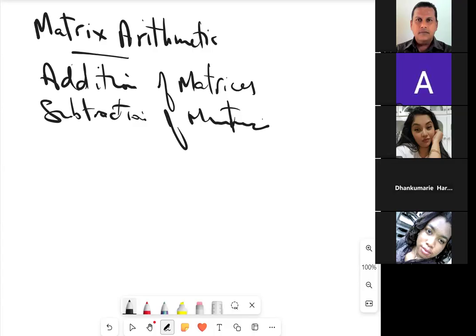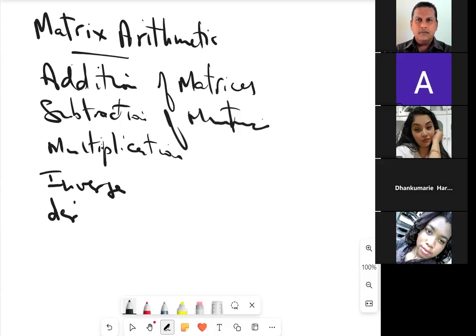We'll do a little bit of multiplication. And lastly, we'll deal with the matter of inverses. And on the inverses, well, that's where the hardest stuff comes in. We're going to talk about determinants.